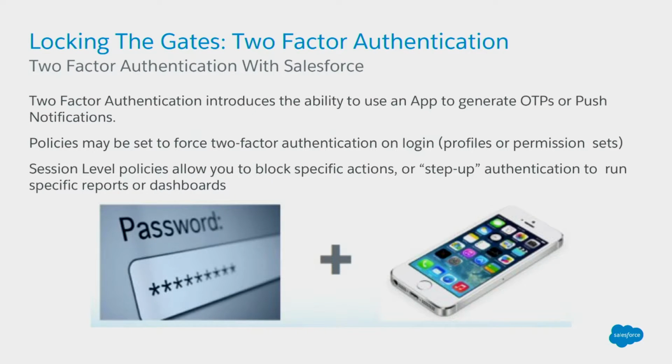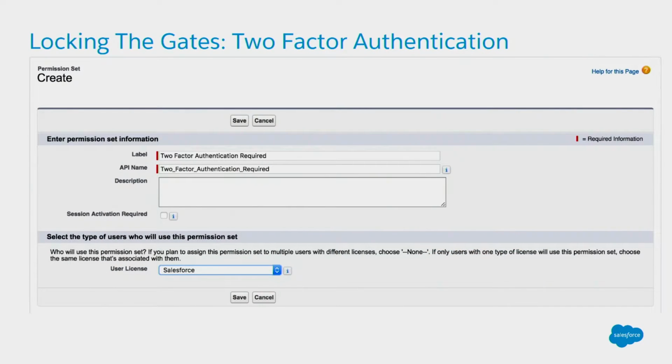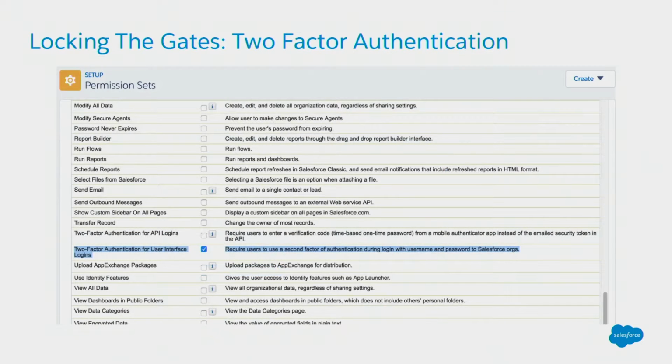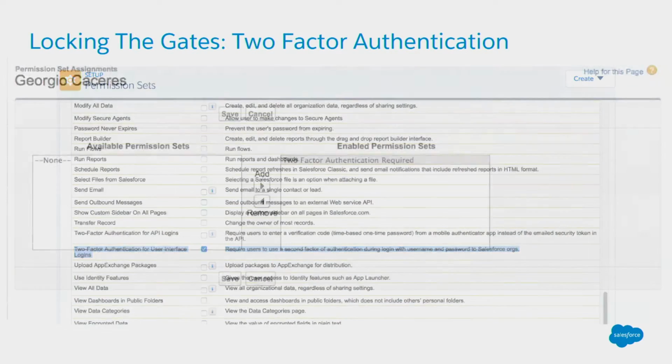As I mentioned, you can do it with permission sets. In the menu on the left-hand side, search for permission sets, and label that permission set something like two-factor authentication required. Go to the system properties of that particular permission set and enable two-factor authentication as shown in the slide.